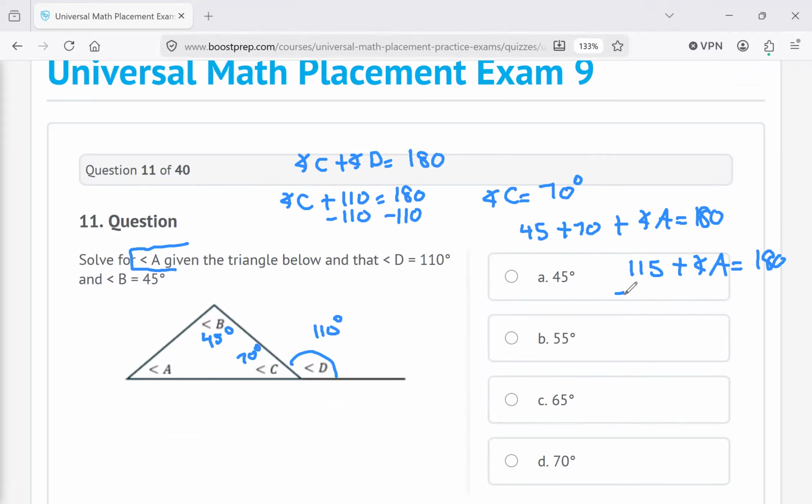Subtract 115 from both sides, so 180 minus 115 is 65 degrees. Okay, so angle A is 65.